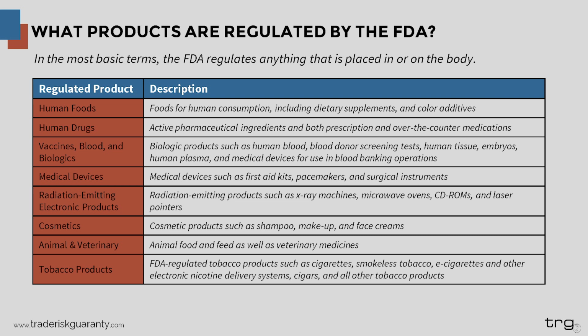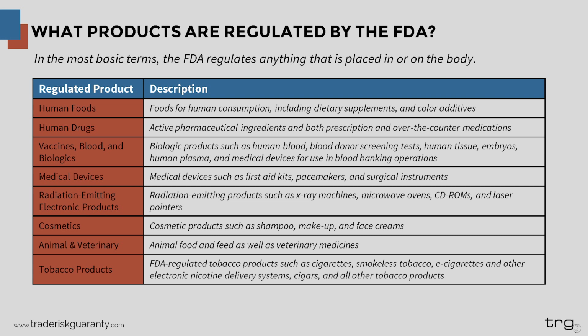So human foods. Of course, this refers to foods for human consumption, but it also includes dietary supplements, color additives, baby formula, bottled water, etc. Human drugs, active pharmaceutical ingredients, and both prescription and over-the-counter medication.